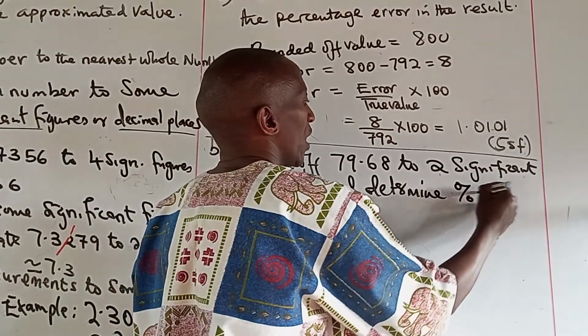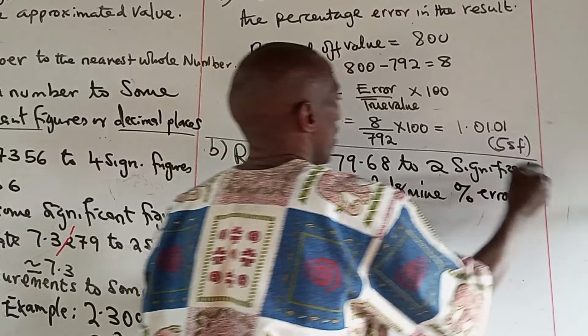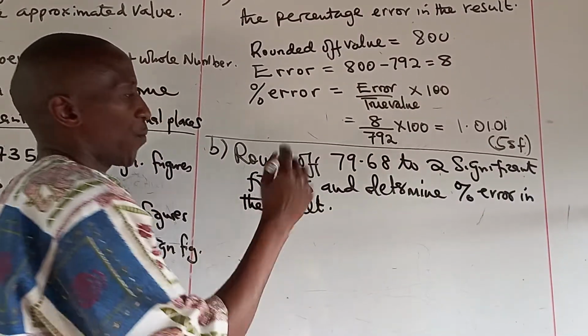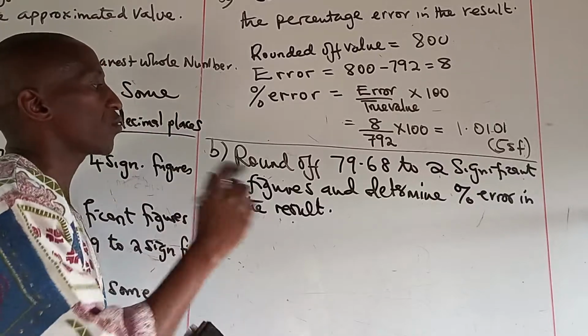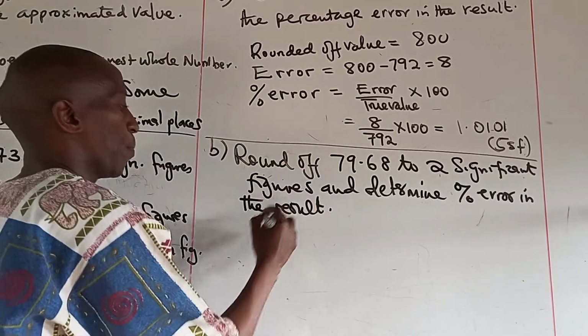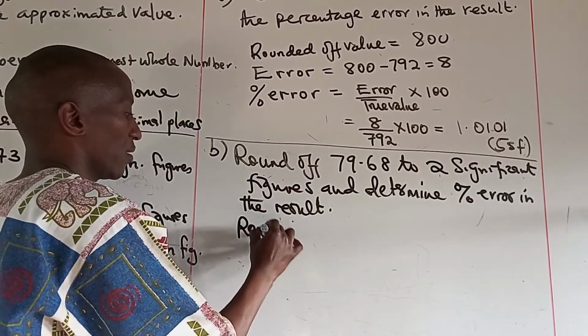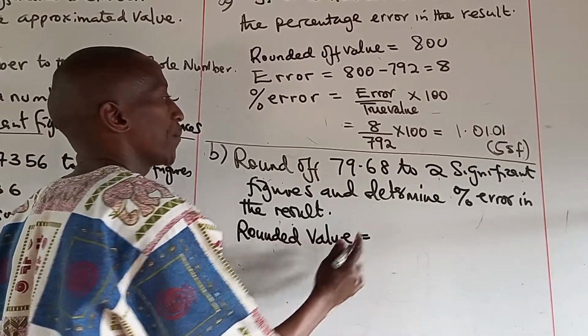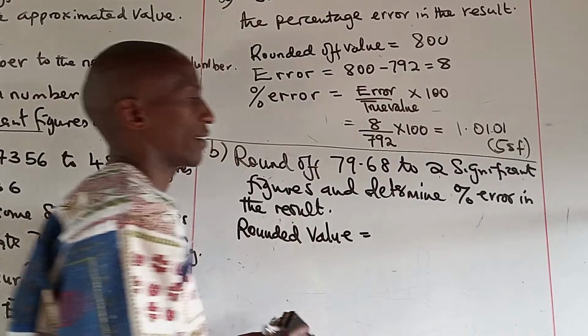Determine the percentage error in the result, in that kind of an operation. So we shall talk about the rounded off result, the rounded off value coming up to be to two significant figures.